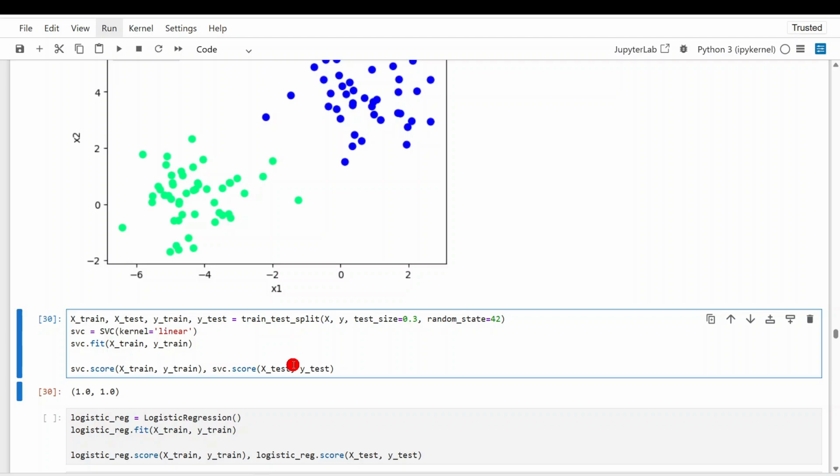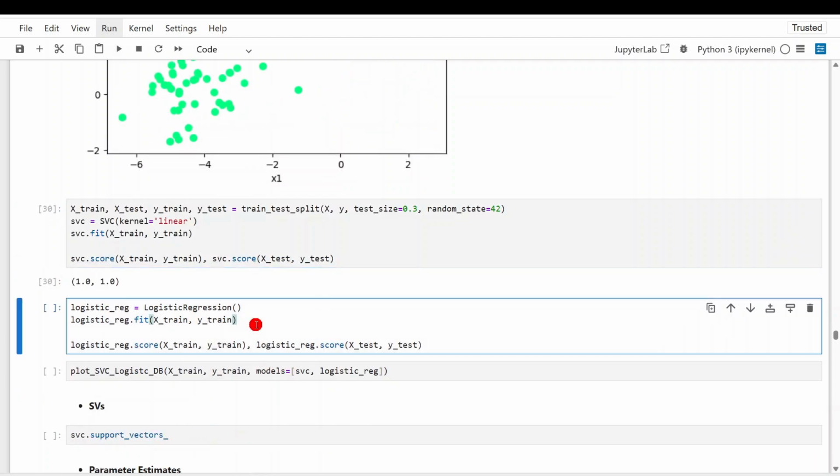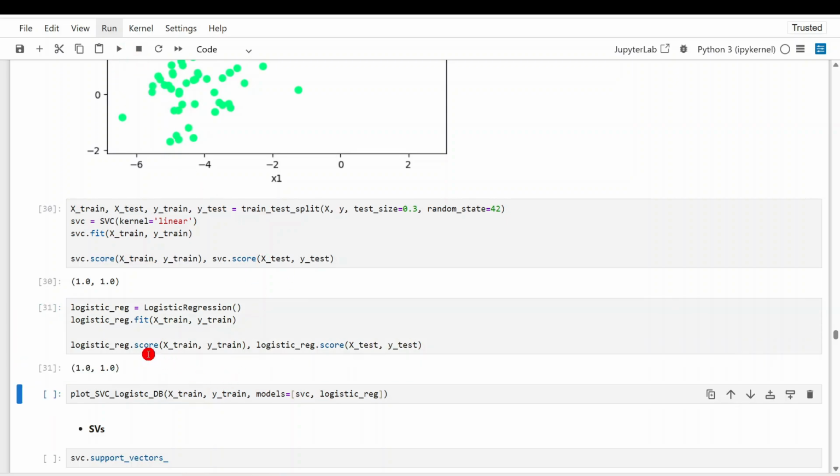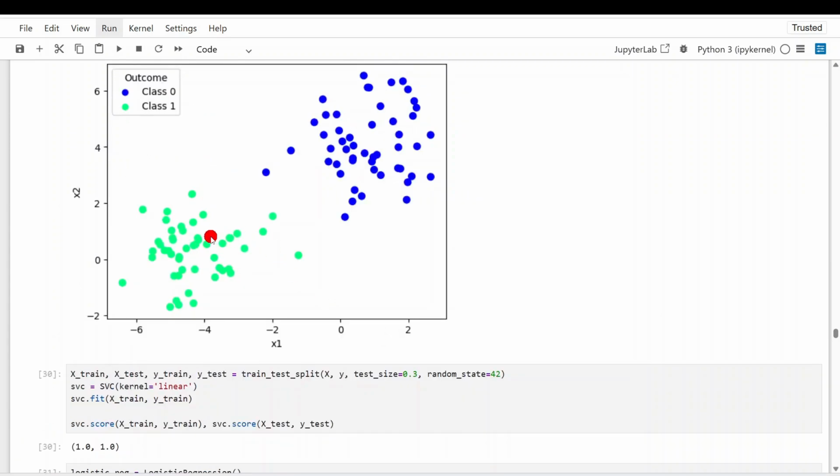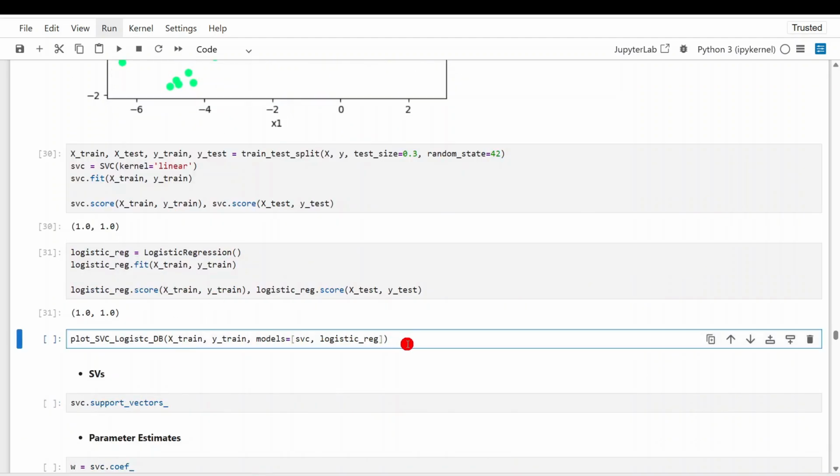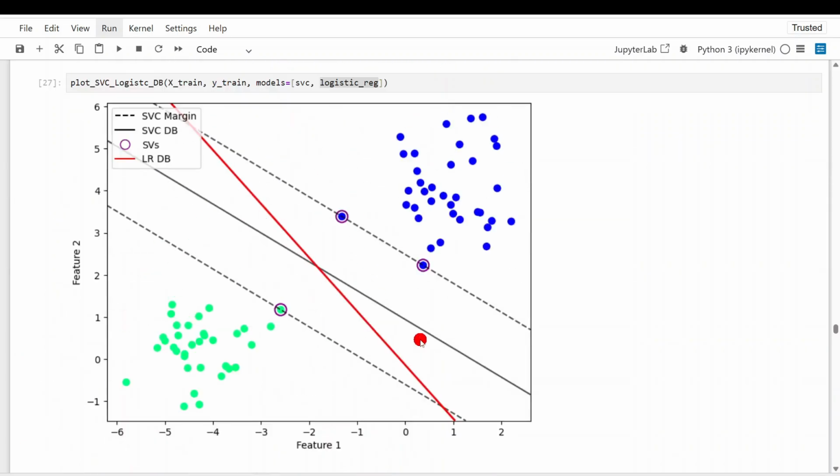and testing sets. Let's fit a logistic regression model. Instantiating the logistic regression model, fitting the model, and let's get the score of the training set and the score using the test sets. Again, the logistic regression model also perfectly classifies these blue and green points. Let's plot the decision boundary of these two models together, like that of this one.